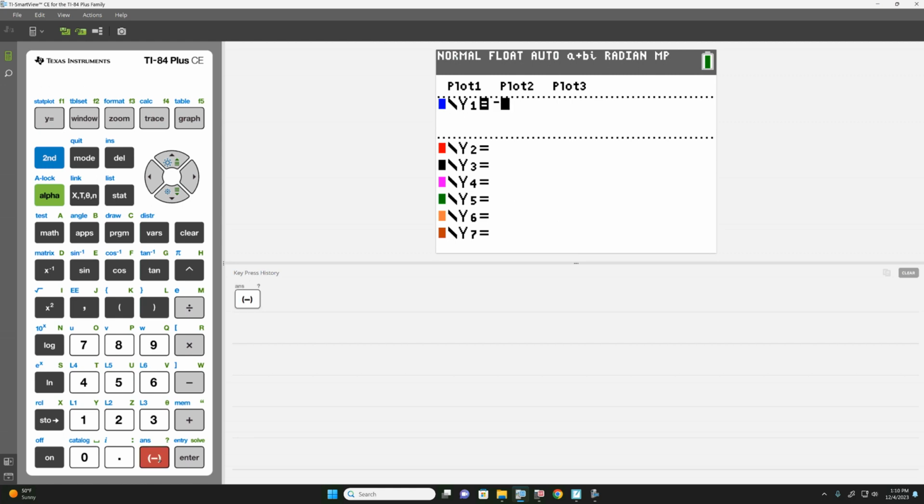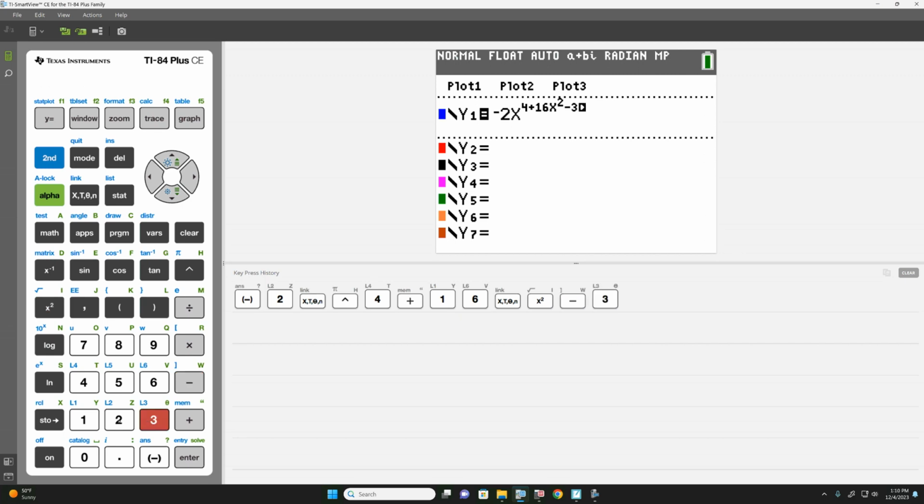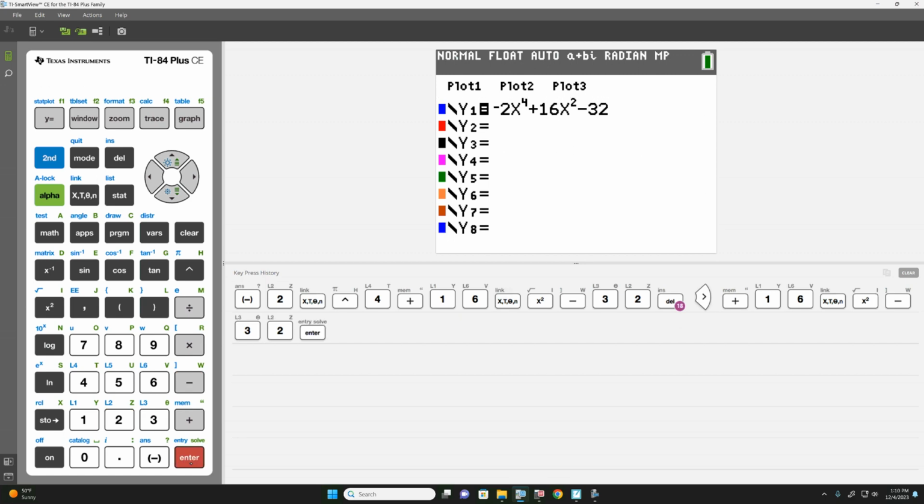So negative 2x to the fourth plus 16x squared minus 32. Once you get the whole thing typed in, hit graph.